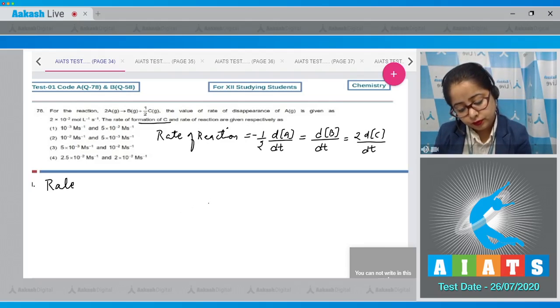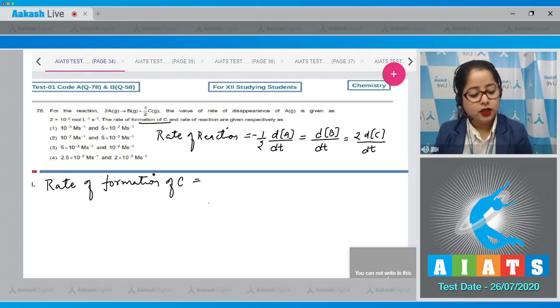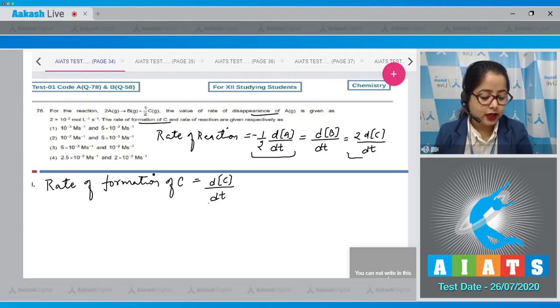We have to calculate the rate of formation of C. So, rate of formation of C is equal to change in concentration of C upon dt, and we are given the rate of disappearance of A. So let's take these two terms.